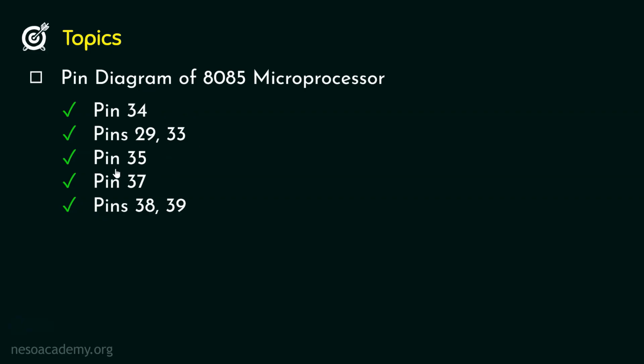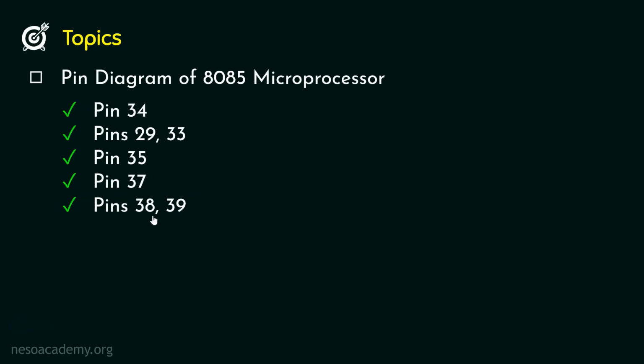Thereafter, we learned about the pin number 35, which is the ready pin through which the input-output device will let the microprocessor know whether it is ready for the data transfer or not. Then we learned about the pin number 37, which is the clock out output pin through which the microprocessor synchronizes the peripherals which it is connected to. Finally, we learned about the pins 38 and 39.